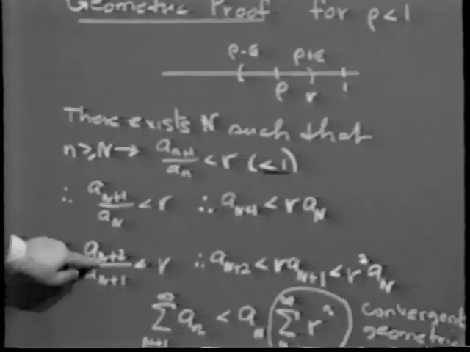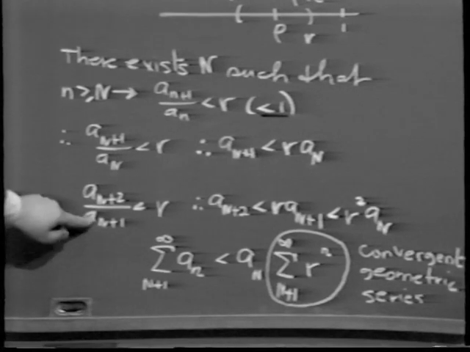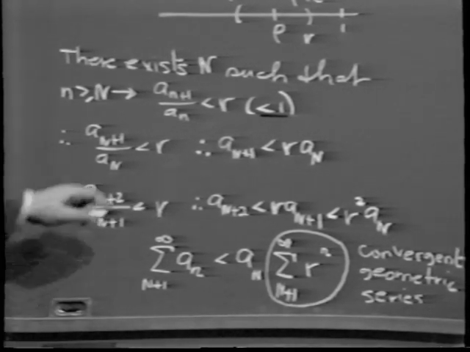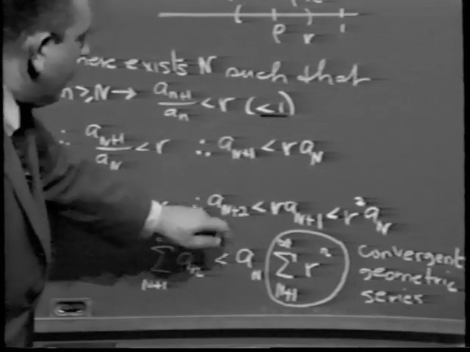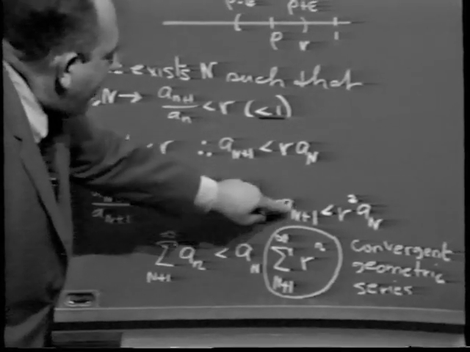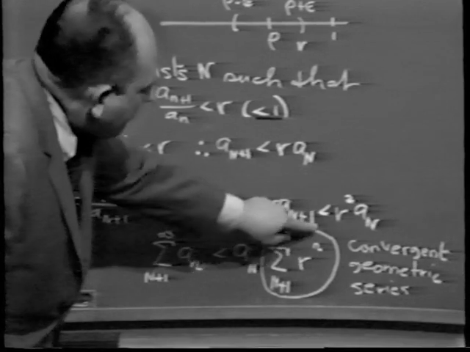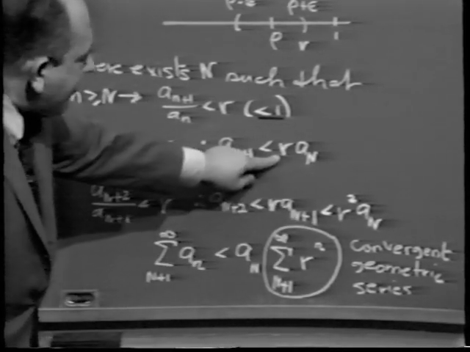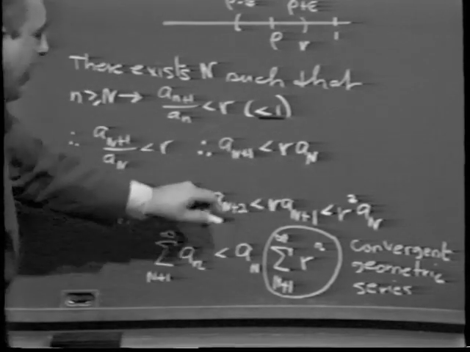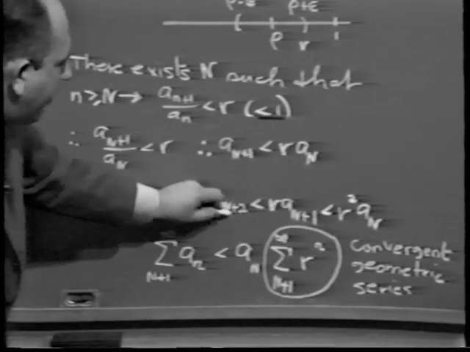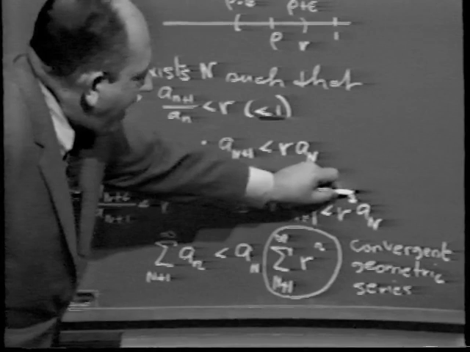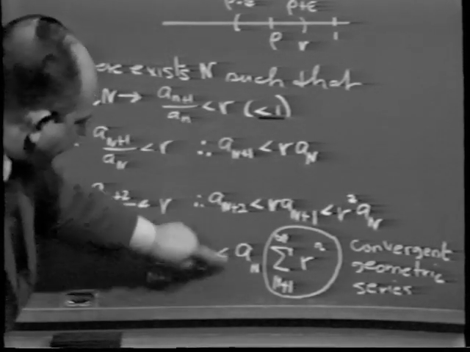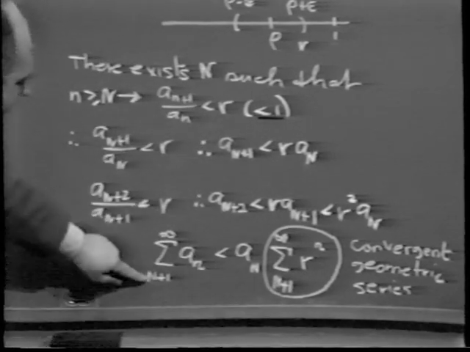Similarly, a sub capital N plus 2 over a sub capital N plus 1 is also less than r. In other words, a sub capital N plus 2 is less than r times a sub capital N plus 1, but a sub capital N plus 1 in turn is less than r times a sub capital N. Putting this in here, a sub capital N plus 2 is less than r squared times a sub capital N. At any rate, if I now sum these inequalities, you see what I get is what?